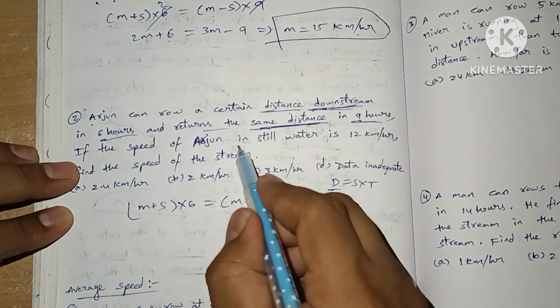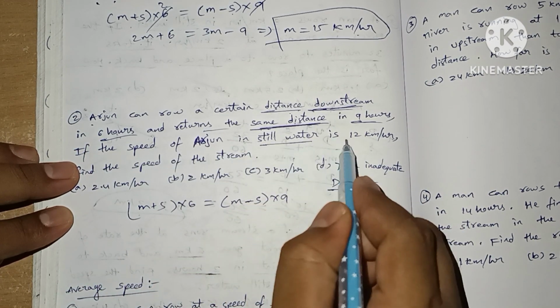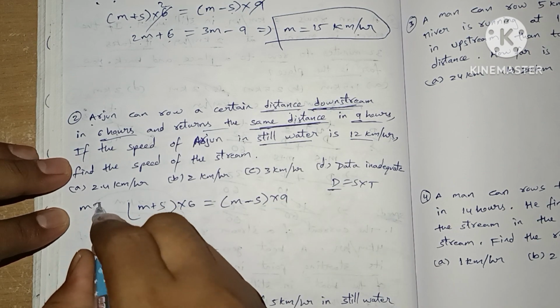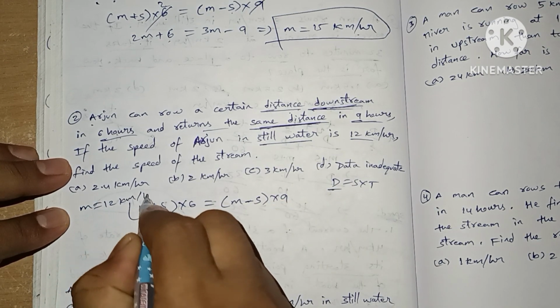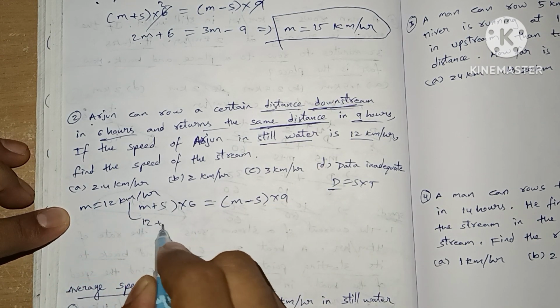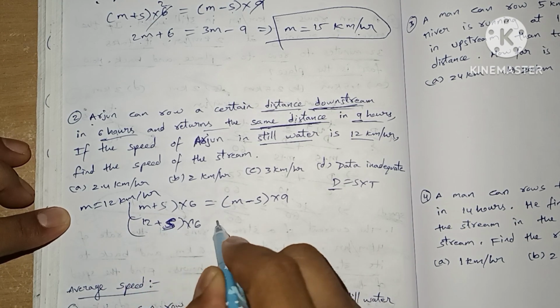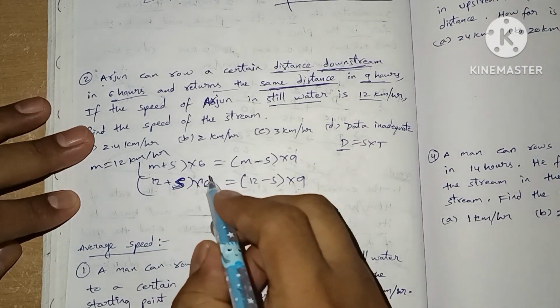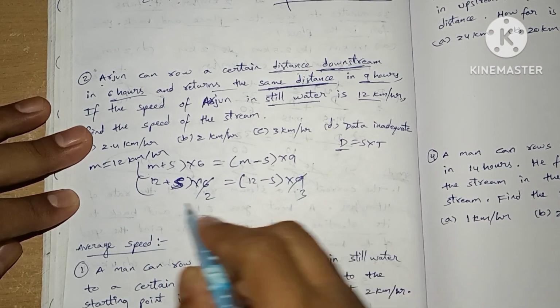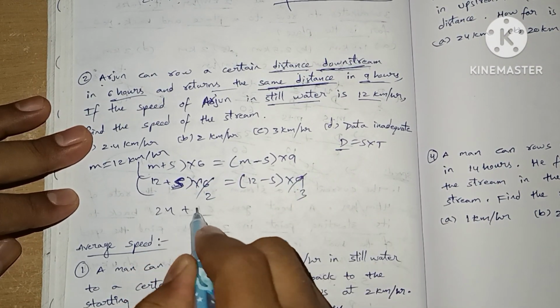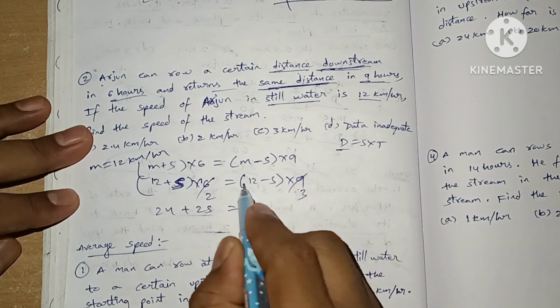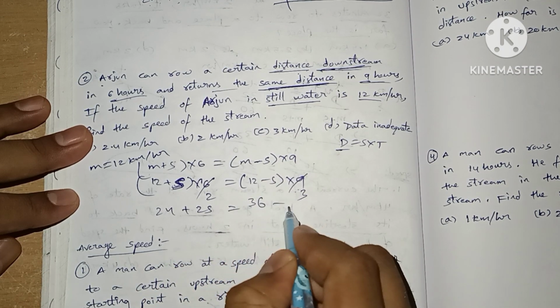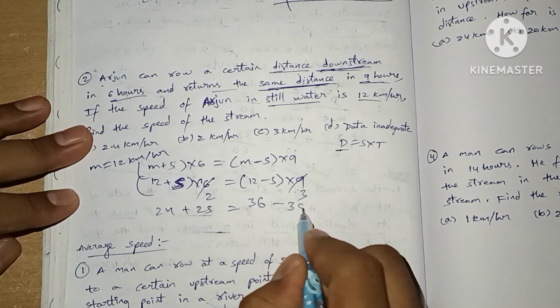If the speed of Arjun in still water is given as M equals 12 kilometers per hour, then 12 plus S into 6 equals 12 minus S into 9. This will be 2 times 3 times 24 plus 2S equals 36 minus 3S.